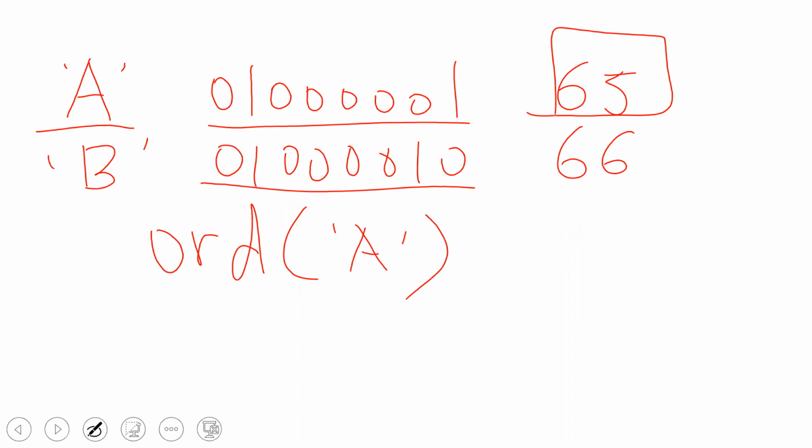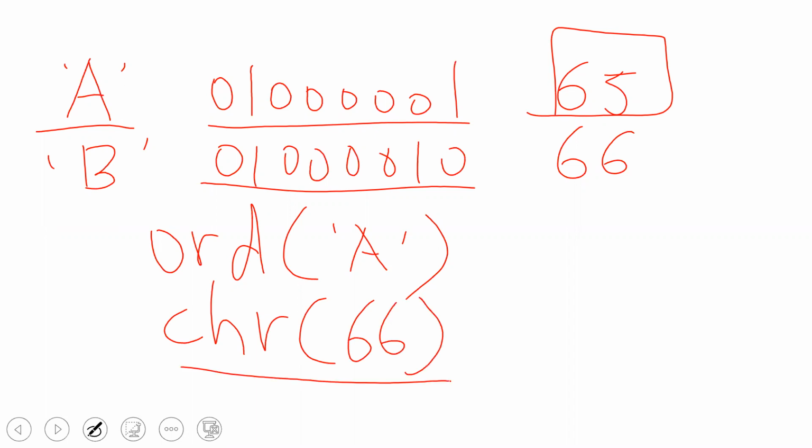On the opposite side is the function named chr, which is character. If you give it 66, it will give you B. If you give it 65, it will give you A. Those are the two functions. These are called ASCII character representations. ASCII characters use 8 bits, as you can see, to represent a character.